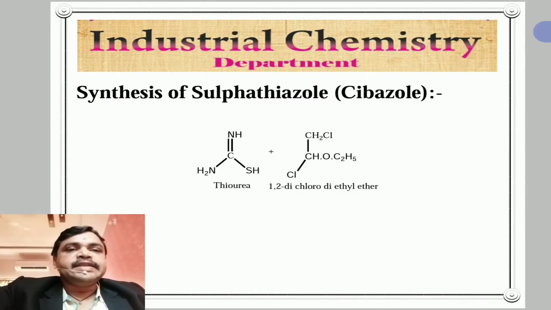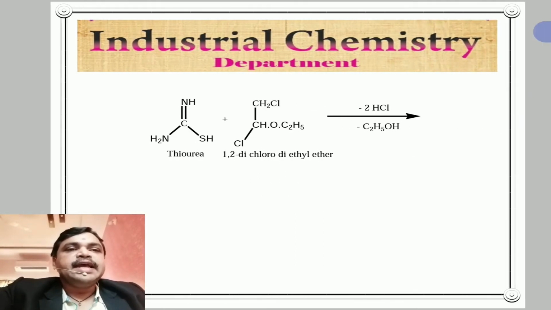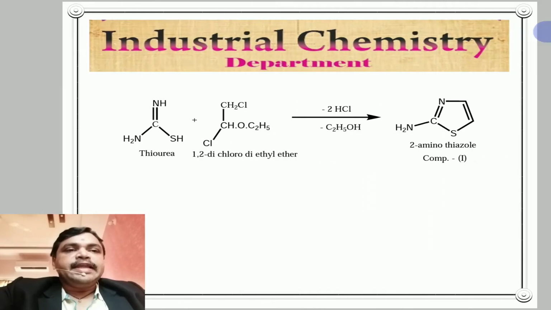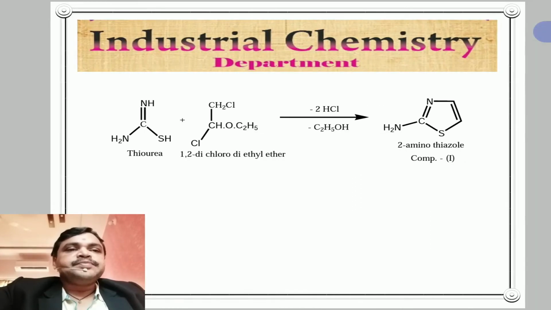Sulfathiazole is synthesized by the interaction of thiourea and 1,2-dichlorodiethyl ether. In this interaction, a condensation process takes place with removal of hydrochloric acid and ethanol, and we get 2-aminothiazole.